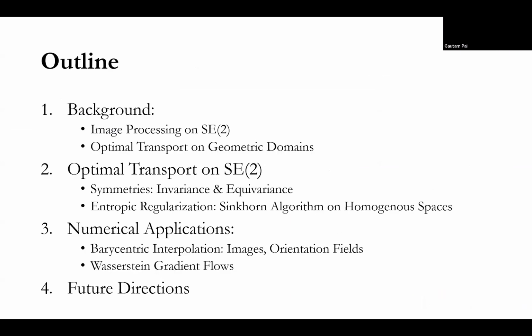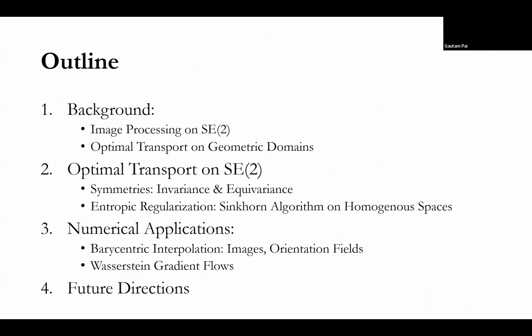So broadly, the outline of my talk is the following. I'll spend some time on the topic of image processing on SE2 and what I mean by that. Then I'll say some very basic things about definitions of optimal transport on geometric domains.